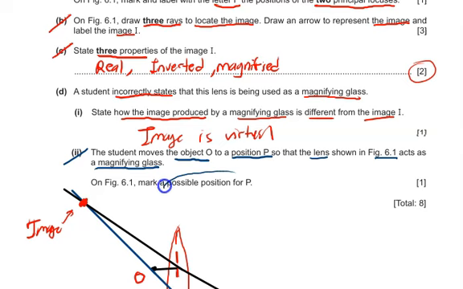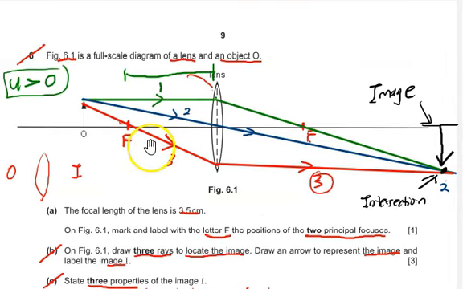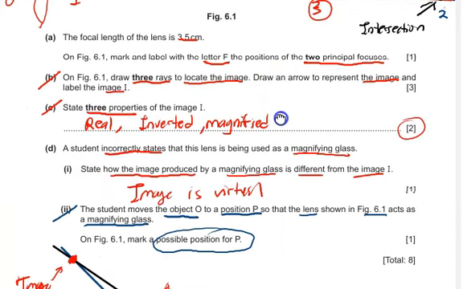So mark the possible position of P. You can label P somewhere within this space, as I explained just now. You can put P here, or here, or here, as long as it is lesser than the focus point. So this answers the question.